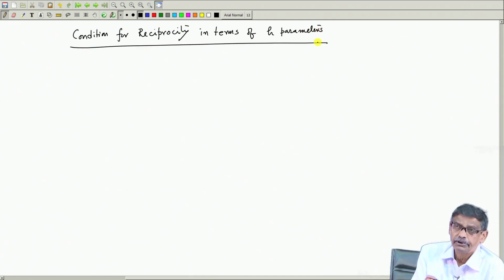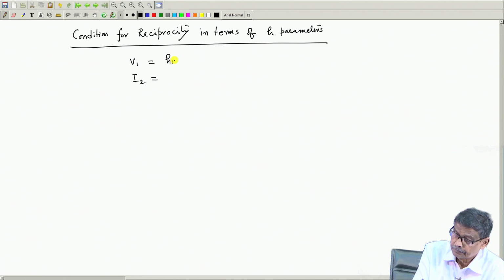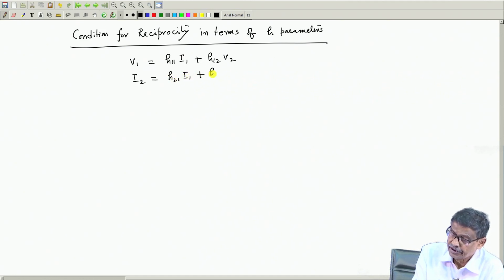So, once again we will do the same thing, but let us write down. So, it was V 1, I 2, the general equation is this, and it is expressed as H 1 1 I 1 plus H 1 2 V 2, and H 2 1 I 1 plus H 2 2 V 2.